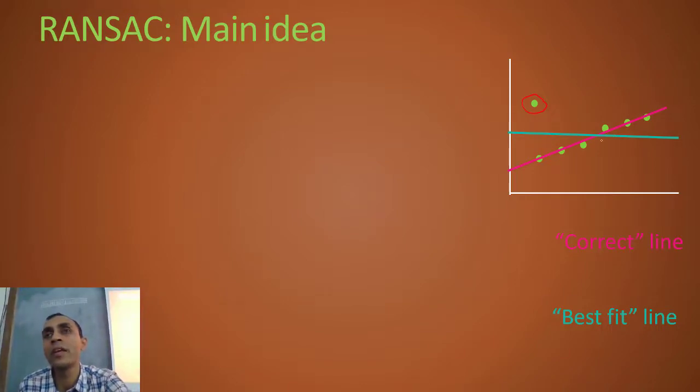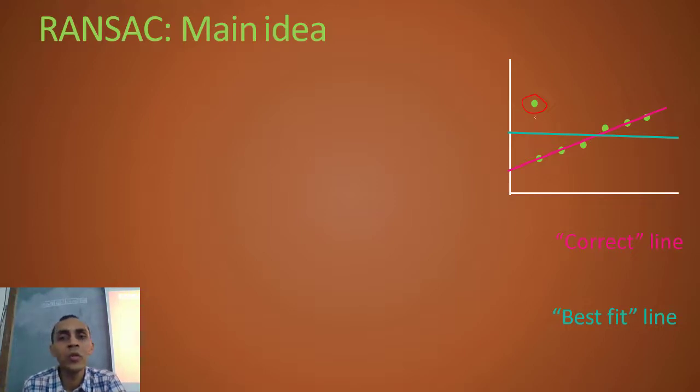This was the best fit line, but it was not the correct line. The correct line would be this one, because the maximum number of points are actually lying on this, and this is actually an outlier which should not be considered while model fitting. But we don't know a priori which is the outlier and which is not. So if we just use least square fitting, we get this one.